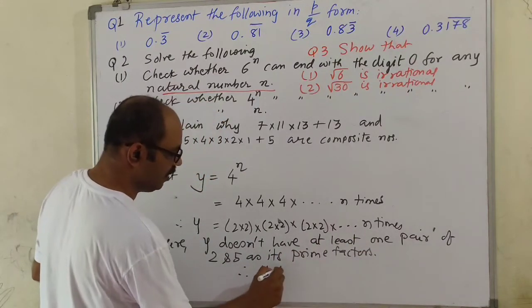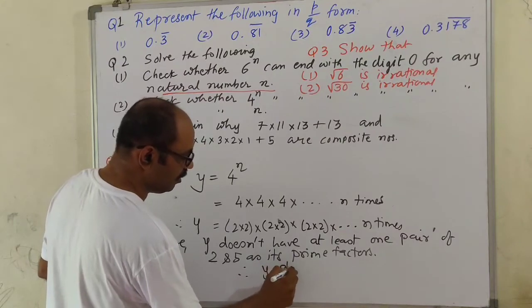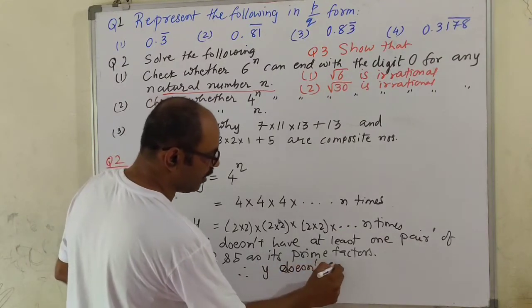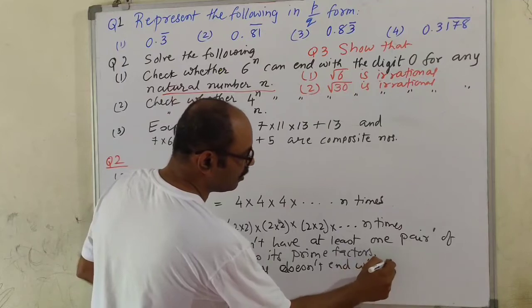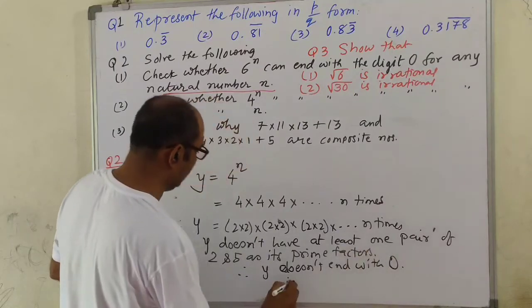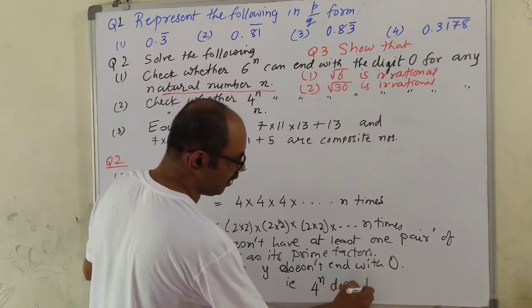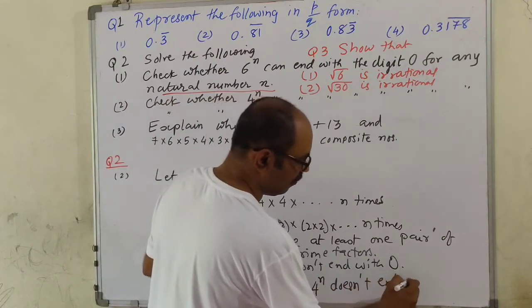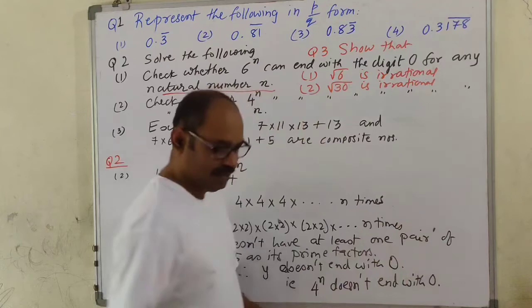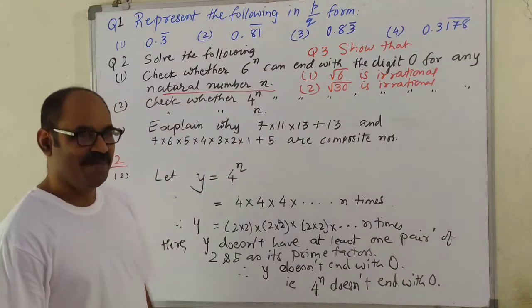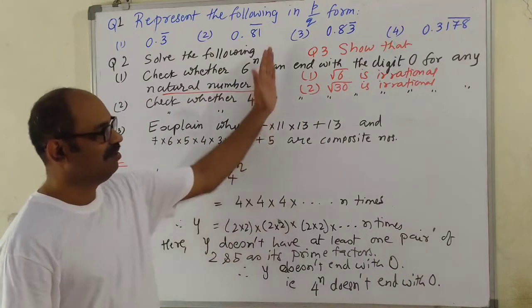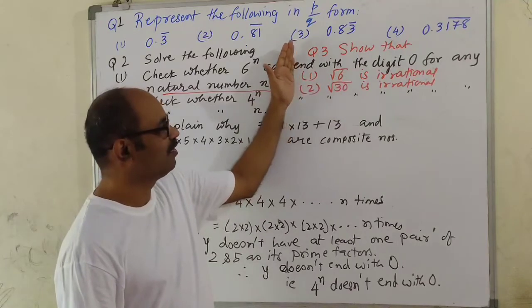Therefore, y doesn't end with 0, i.e. 4 raised to n doesn't end with 0. Did you get that? Sure? Okay. Now, my whiteboard is quite small.